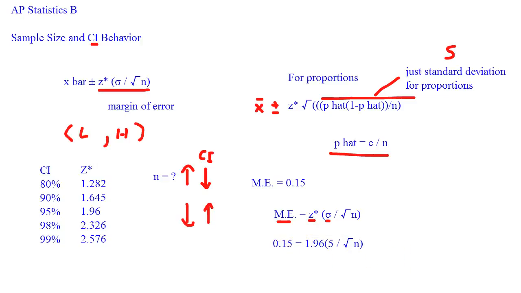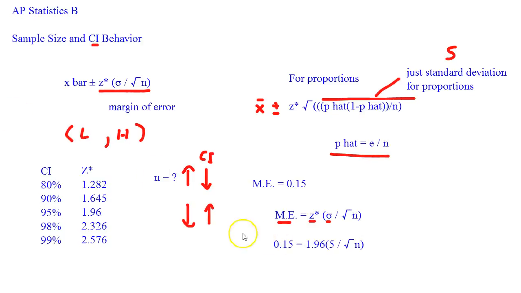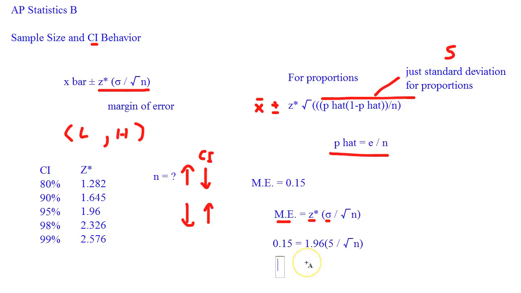Now we can rearrange this equation to look like this: the square root of n equals 1.96 times 5, divided by 0.15. And to finish this problem off, we just have to square it, and then we're good.